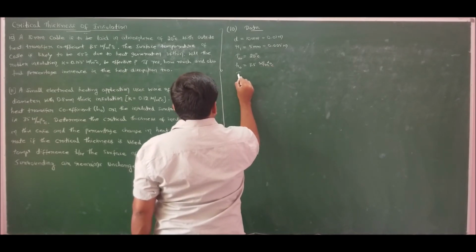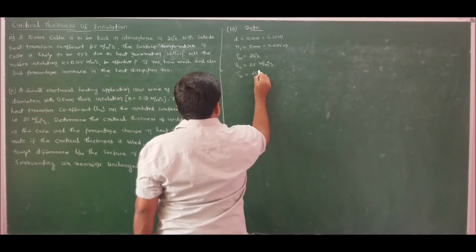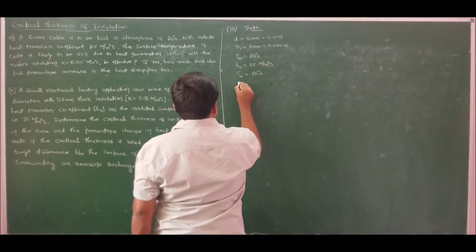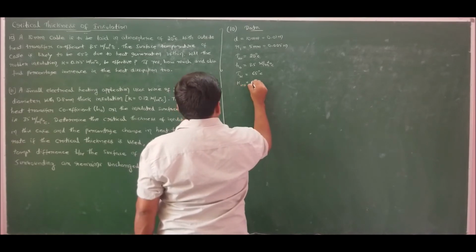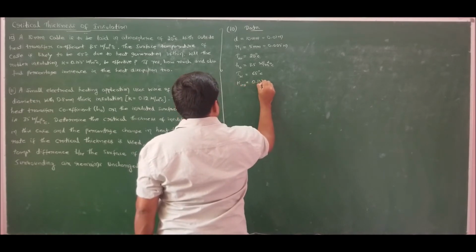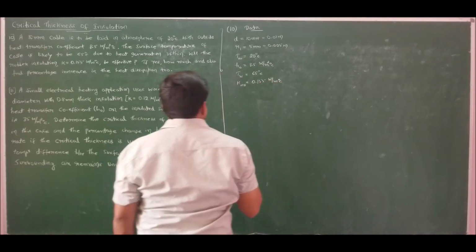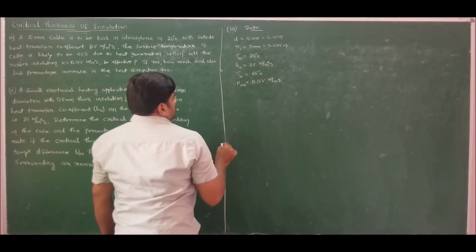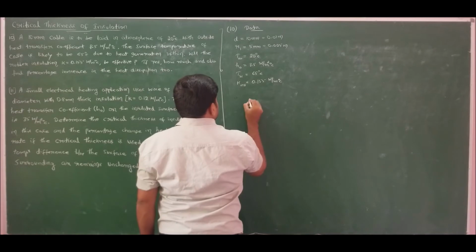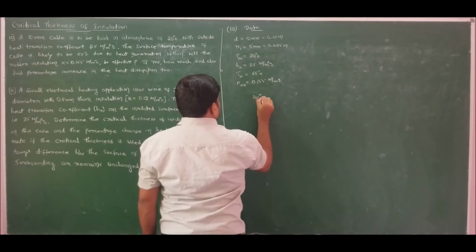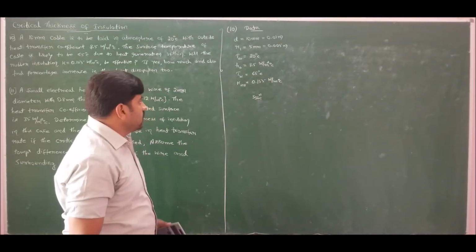He has given the surface temperature of wire as 85 degrees Celsius, and k of insulating material is 0.155 watt per meter degree Celsius. Now, he is asking whether the insulation is required or not. If required, how much is the percentage increase in the heat dissipation?